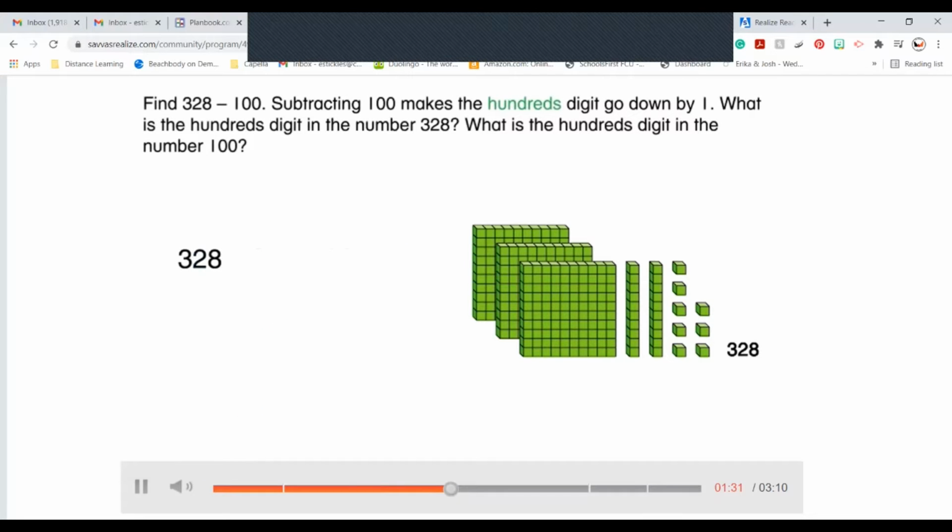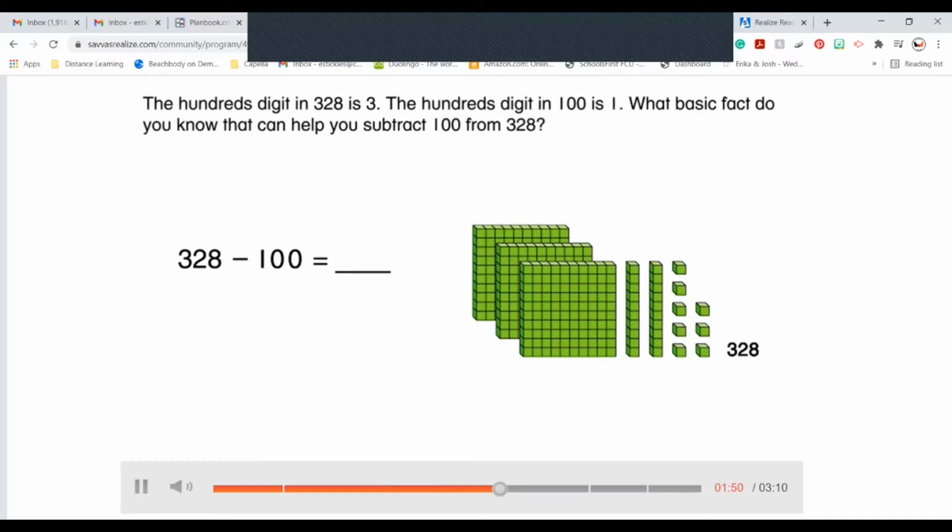Find 328 minus 100. Subtracting 100 makes the hundreds digit go down by 1. What is the hundreds digit in the number 328? What is the hundreds digit in the number 100? The hundreds digit in 328 is 3.